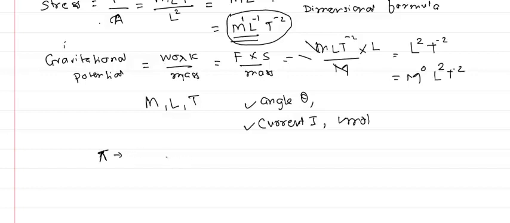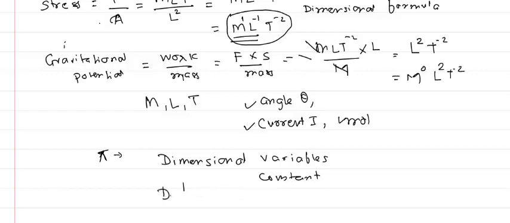And based on that, we have four types of physical quantities: dimensional variables, dimensional constants, and then we have dimensionless variables, and we have dimensionless constants. And I'll give examples of these four, and that will help you understand this.